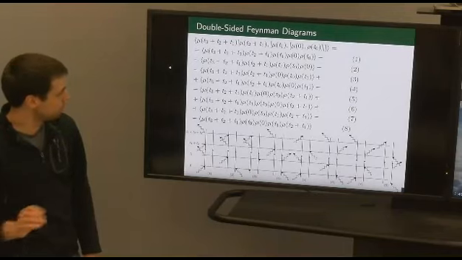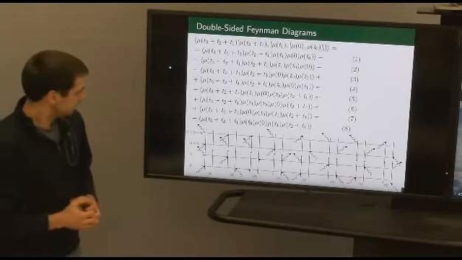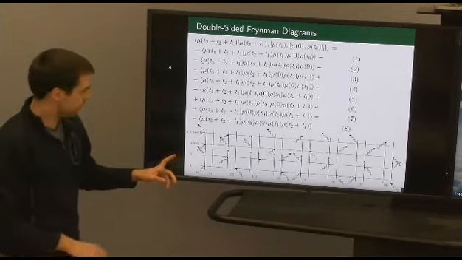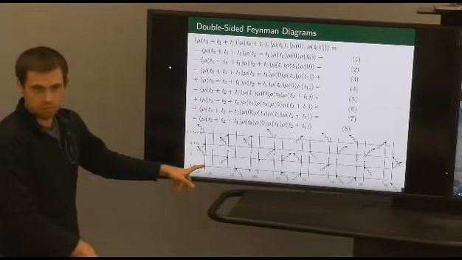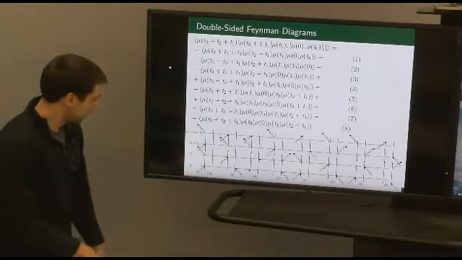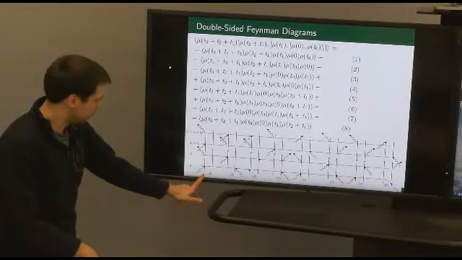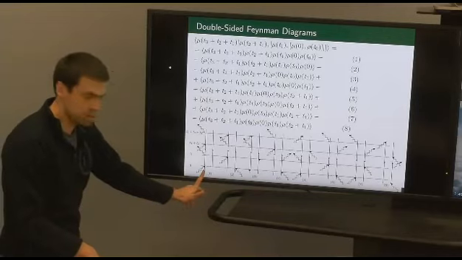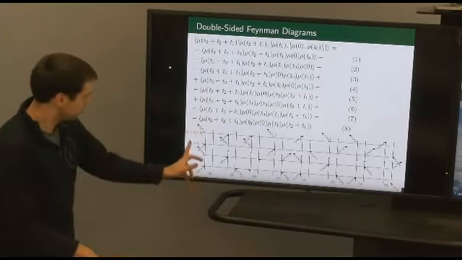So what you do is you number the terms, and to keep track of the terms, Feynman, a long time ago, developed his diagrammatic technique, where you draw a line that represents your system that flows in time.